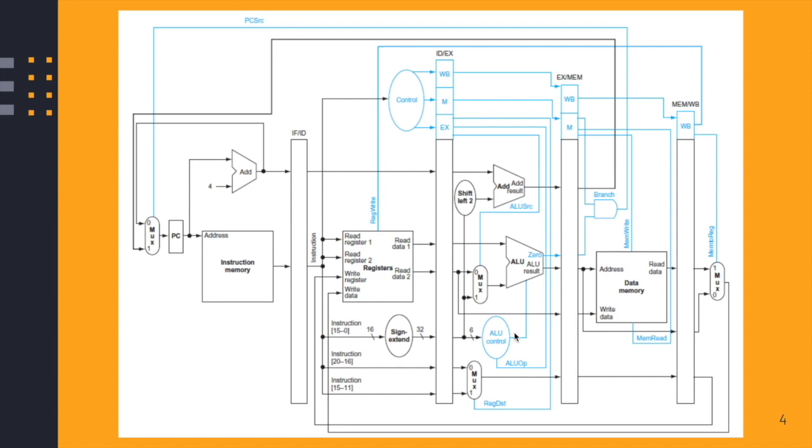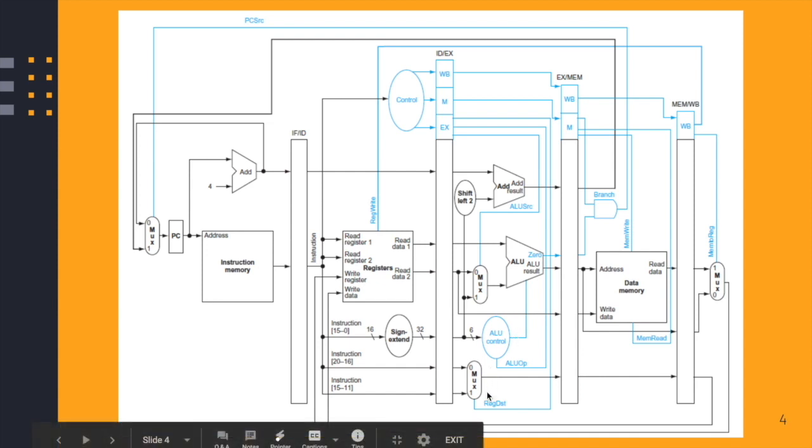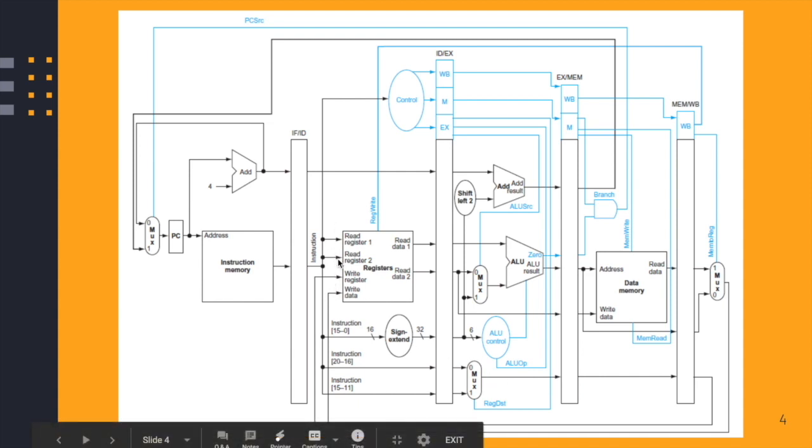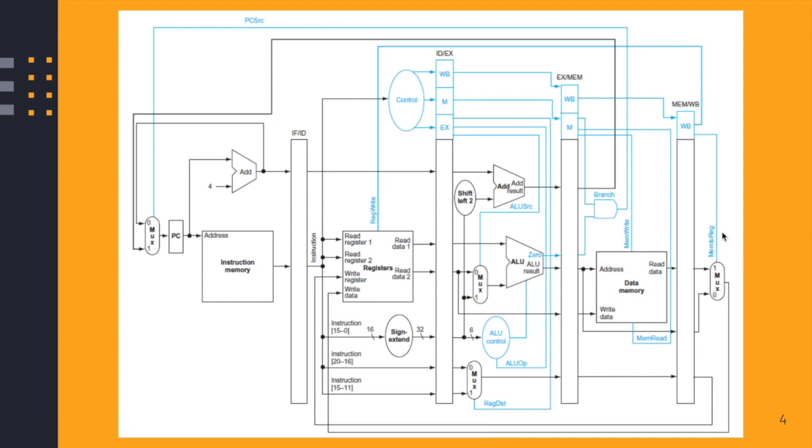And also in this modified data path, we moved the multiplexer that selects the register destination, or which register I will write my result to, from before the register file in the write back stage to the execute stage. Because let's assume I have an add instruction that wants to write the result in the register file, so it is in its write back stage, while I have a subtract instruction in the decode stage.